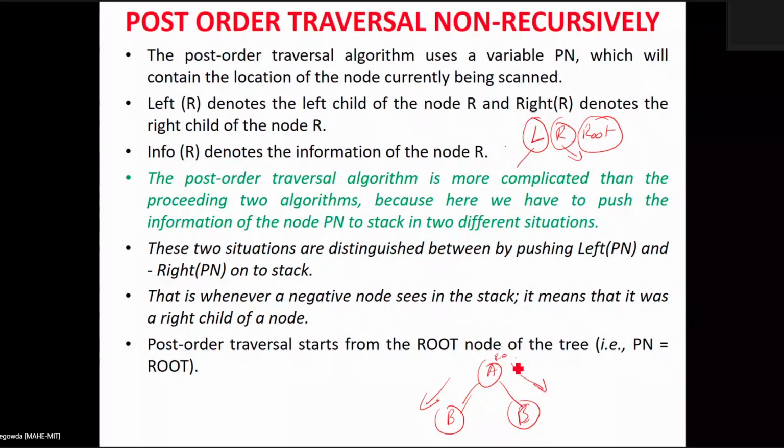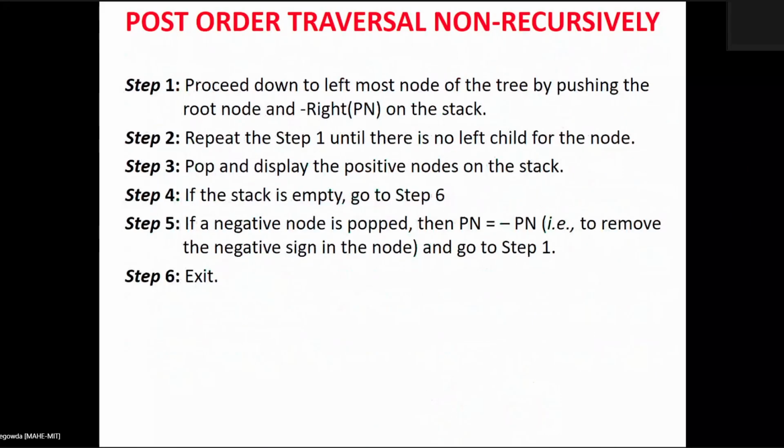In order to do that, we are going to follow the following conventions in order to differentiate the address of the left subtree and the address of the right subtree. Let us see these following steps. Proceed down to the leftmost node of the tree by pushing the root node and right Pn node onto the stack.